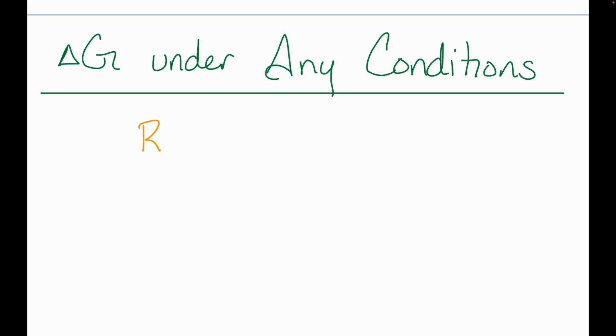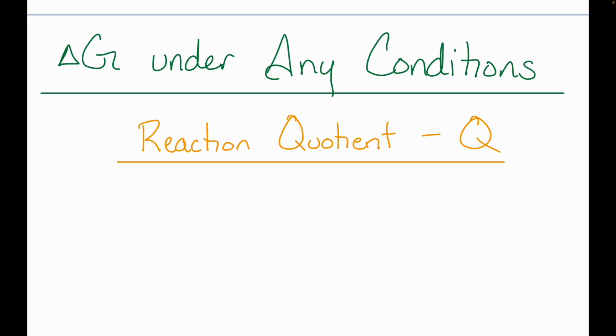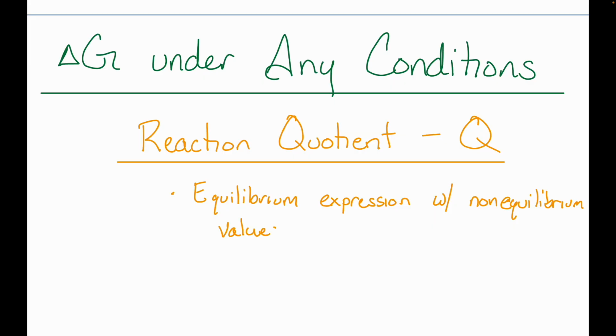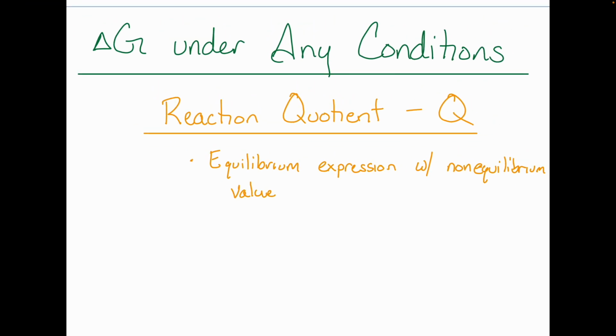That was called our reaction quotient, and we used the variable Q. Our reaction quotient was just that same equilibrium expression, products over reactants, but we plugged in non-equilibrium values.